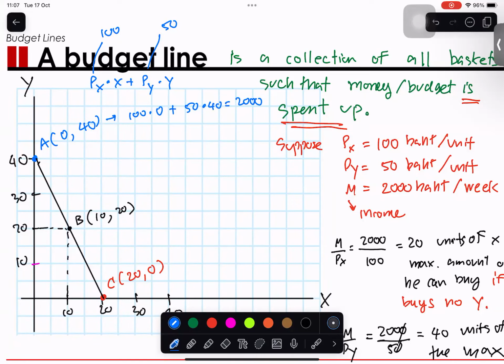The black basket here, 100 times 10 plus 50 times 20, that's also 2,000. The red basket, price of pizza times 20 units plus price of Pepsi 50 times 0, that's also 2,000.